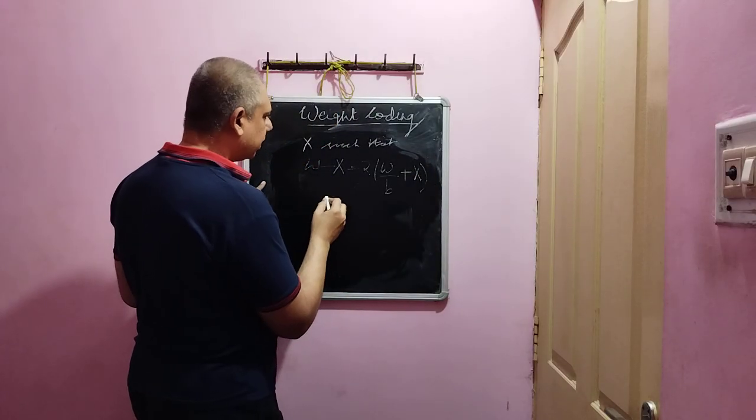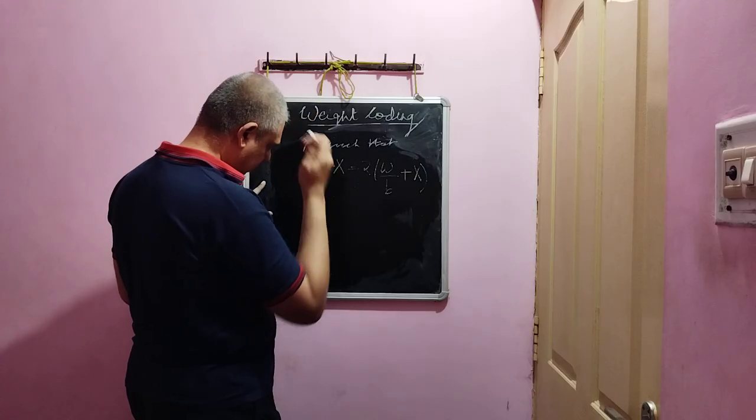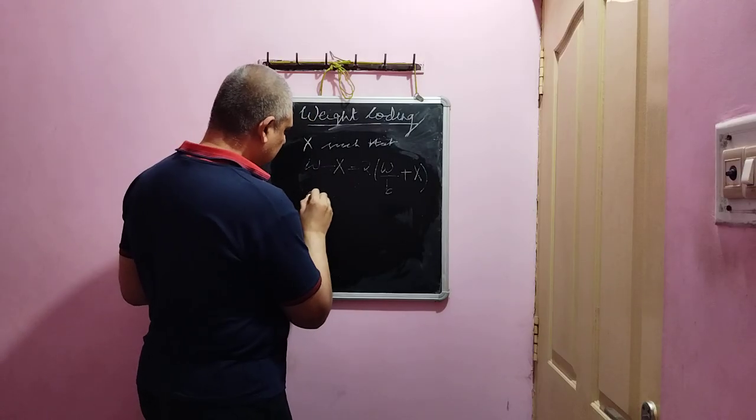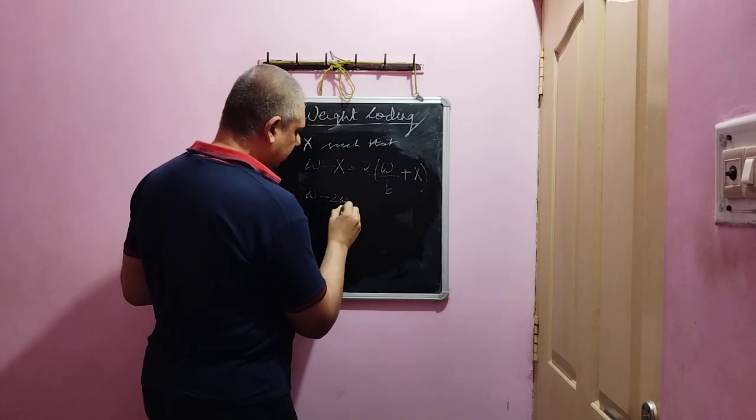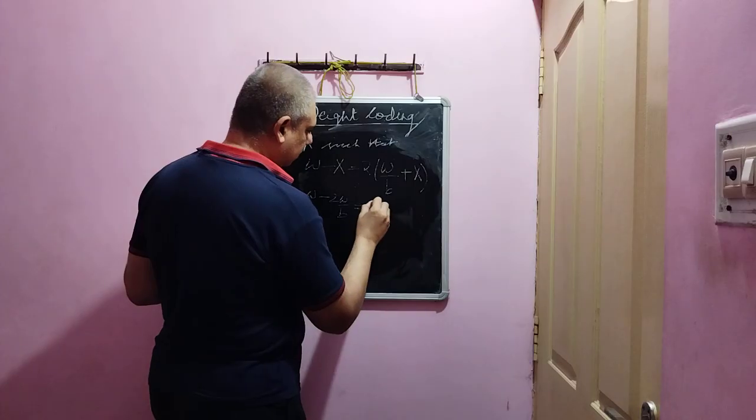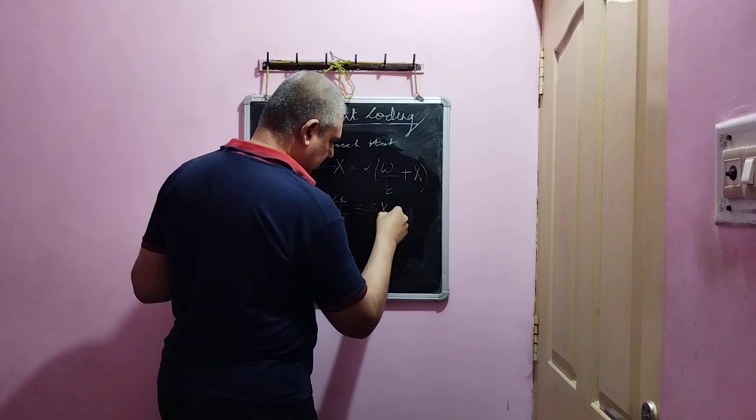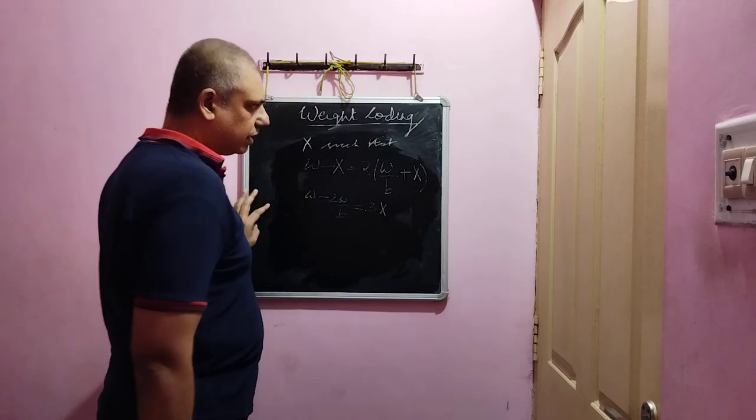Therefore, we will get W minus 2 times W by B is equal to 3 times X.